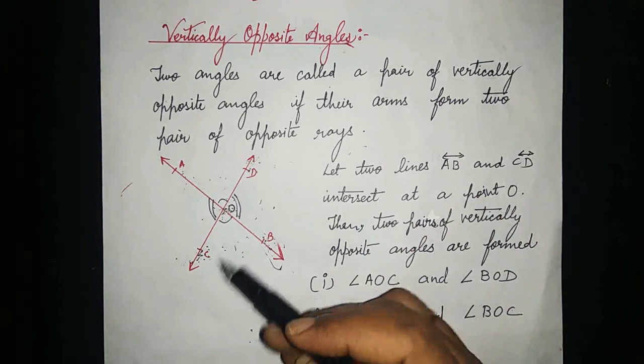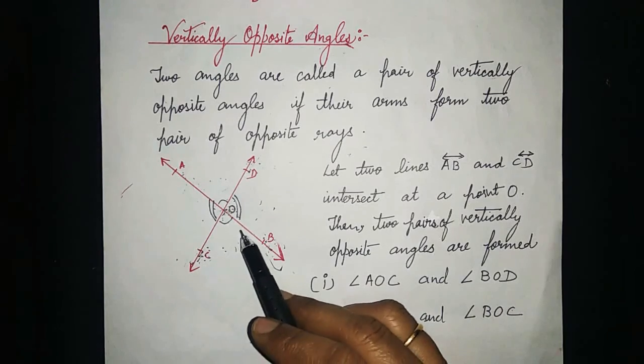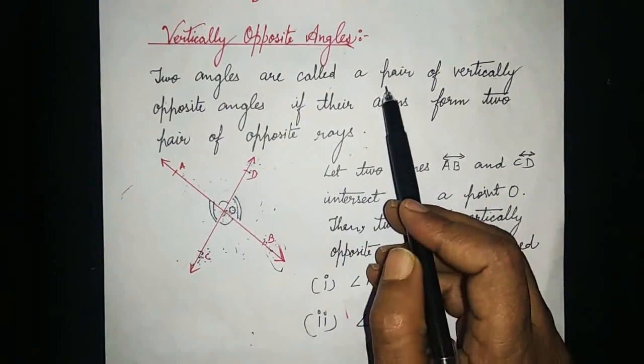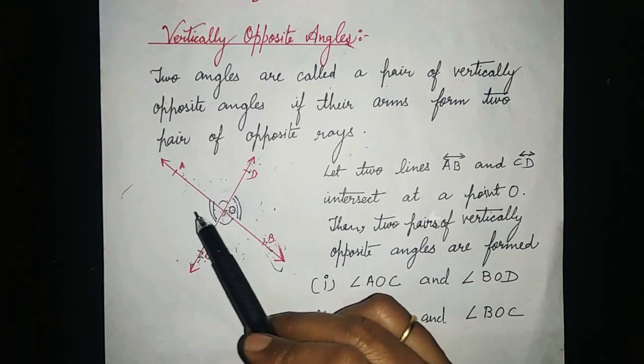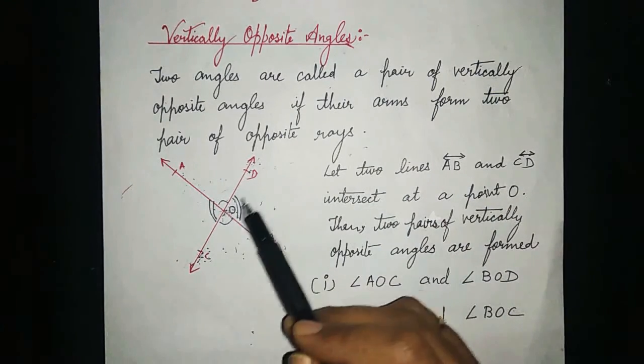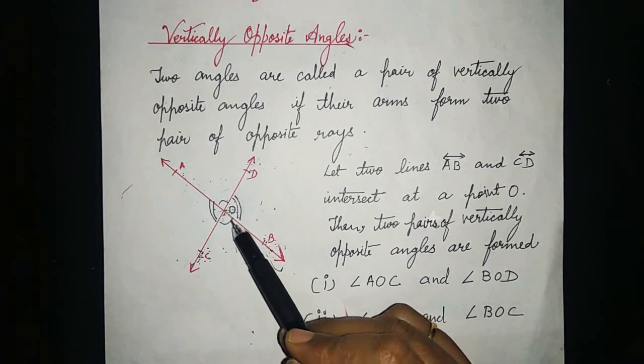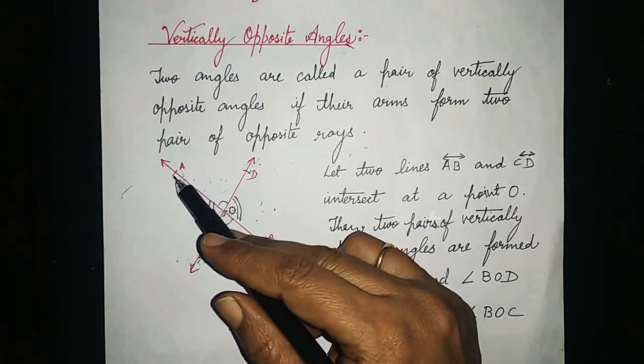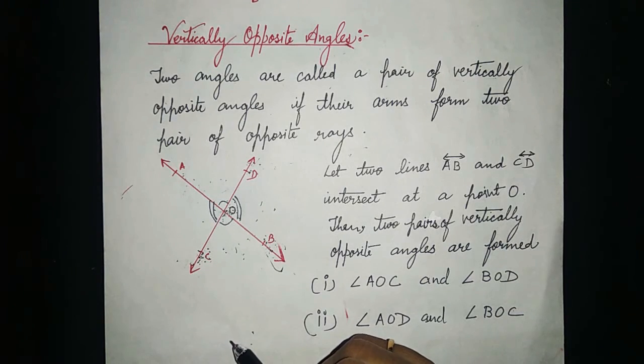Now you can say these two angles are called a pair of vertically opposite angles if their arms form two pairs of opposite rays.